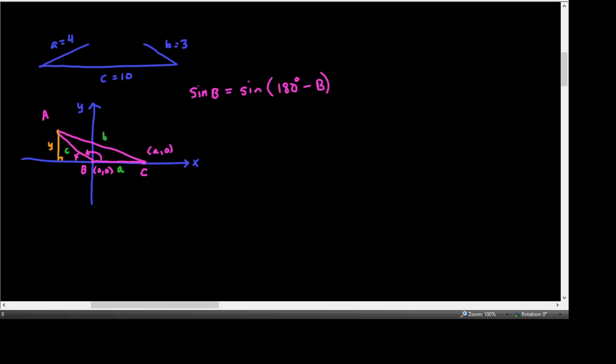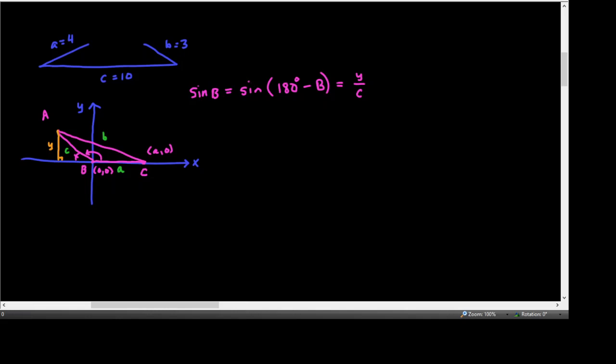So, what would that sine of B then be equal to? Which is equal to sine of 180 degrees minus B, the angle I just marked. Well, if that's a right triangle over there to the left, it's going to be opposite over hypotenuse, which is c.